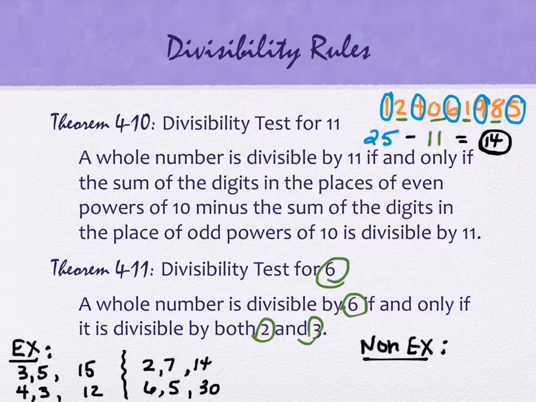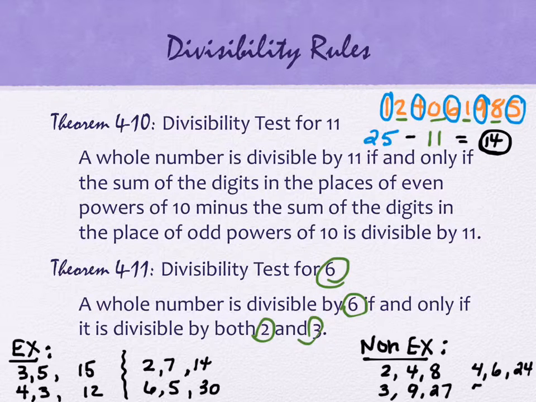So now I'm going to create some non-examples. 2 and 4 and 8 is a non-example. 3 and 9 and 27 is a non-example. 4 and 6 and 24 is a non-example. 10 and 12 and 120 is a non-example.